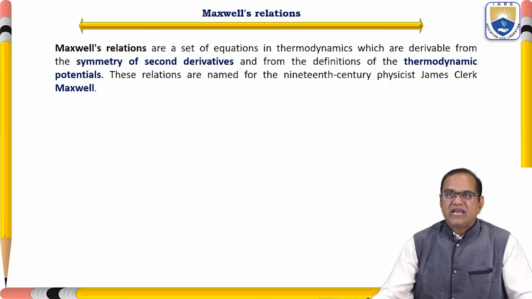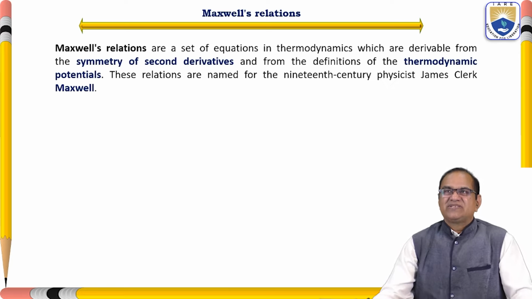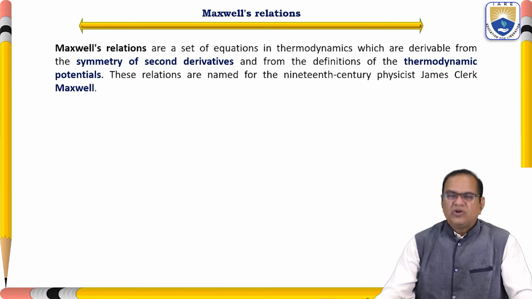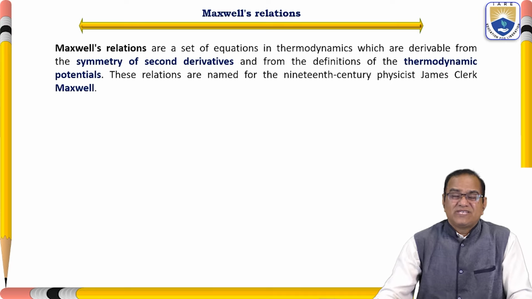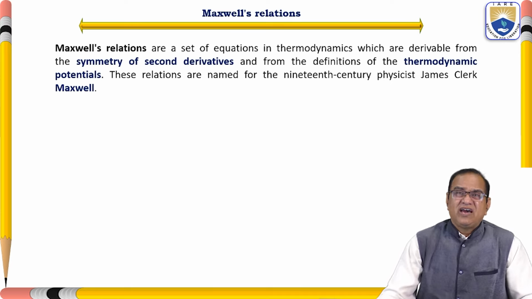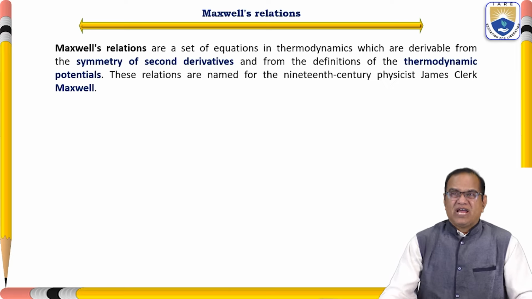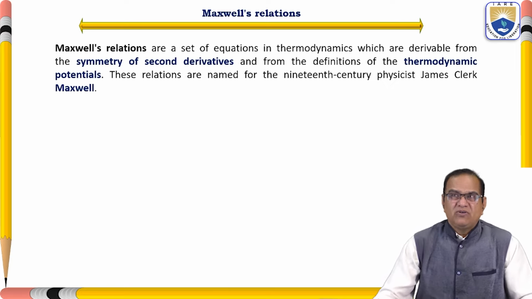These relations are named for the 19th century physicist James Clerk Maxwell. These are the mathematical equations in thermodynamics which are derivable from the symmetry of the second derivative and from the definition of the thermodynamic potentials.